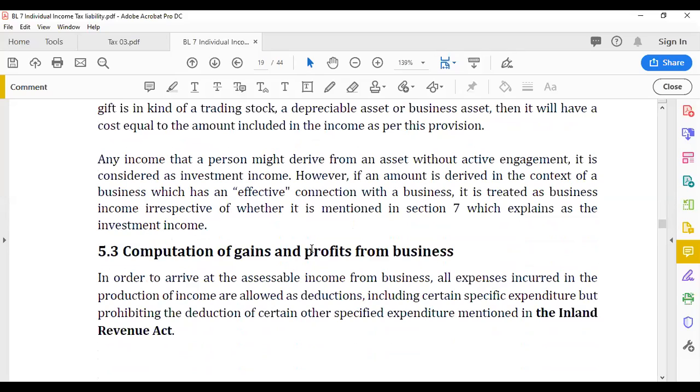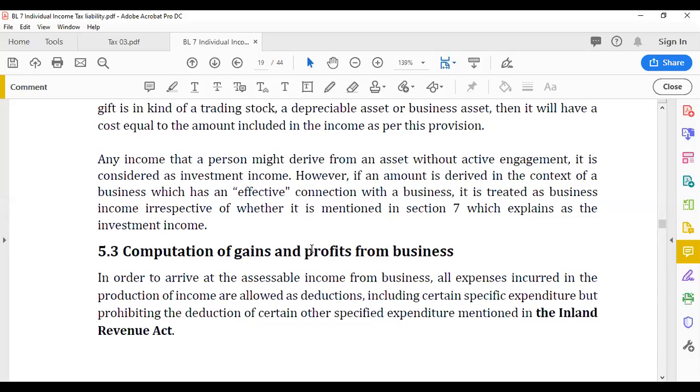Any income that a person might derive from an asset without active engagement is considered as investment income. However, if an amount is derived in the context of a business and has an effective connection with the business, it is treated as business income irrespective of whether it is mentioned in section 7, which explains investment income.